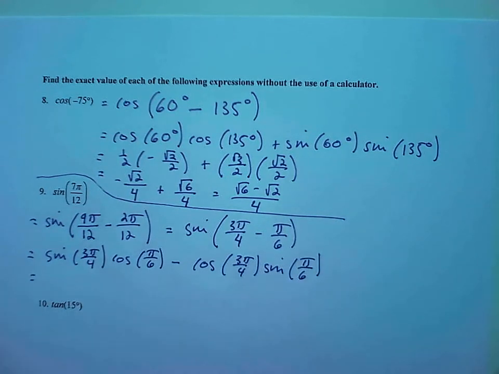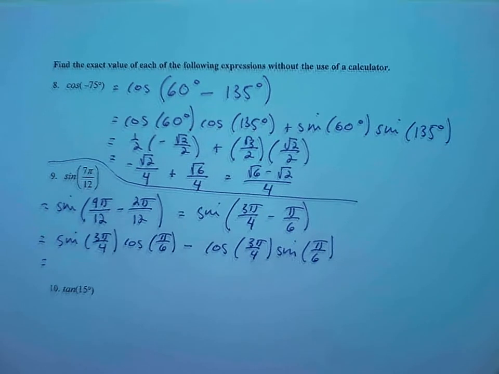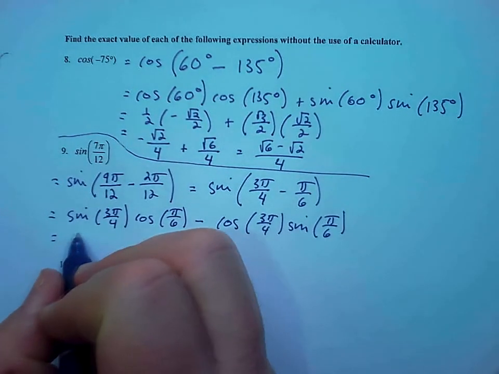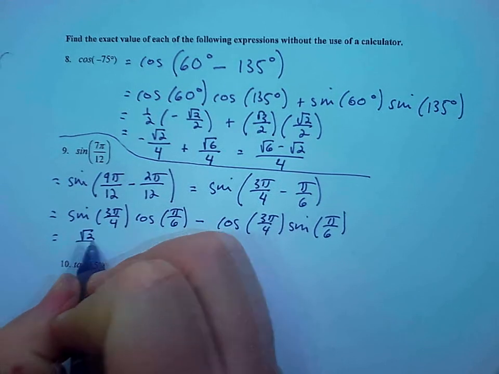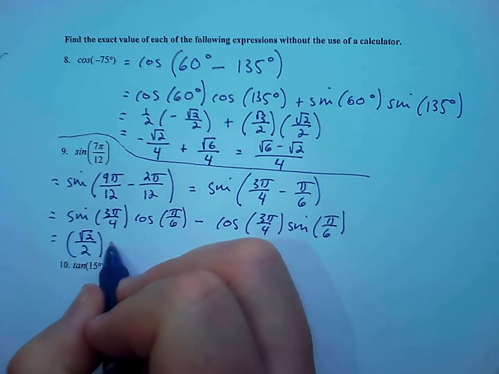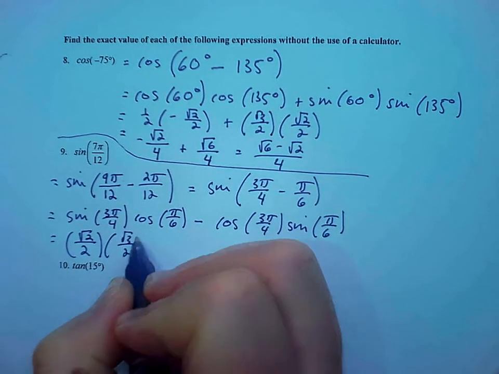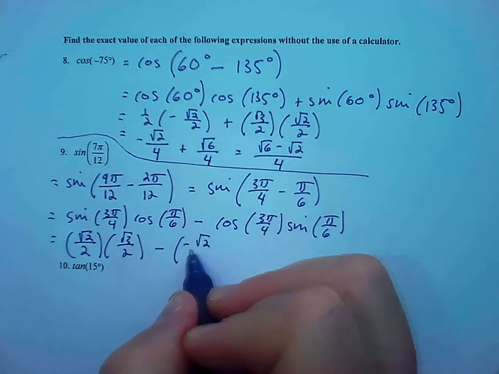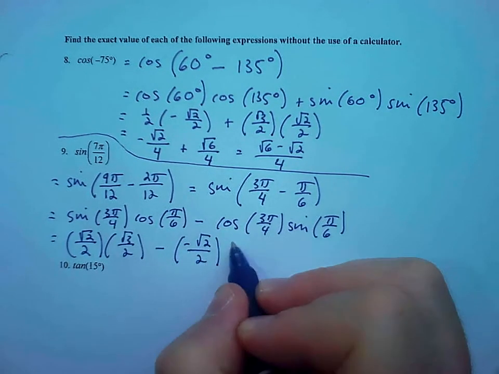And now again we can figure out what these trig functions are using the angles on our unit circle. And this is going to become square root of 2 over 2 times the square root of 3 over 2 minus the negative square root of 2 over 2 times 1/2.